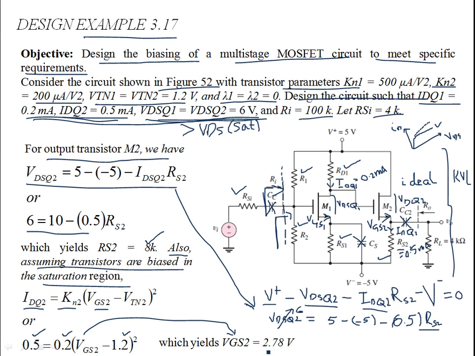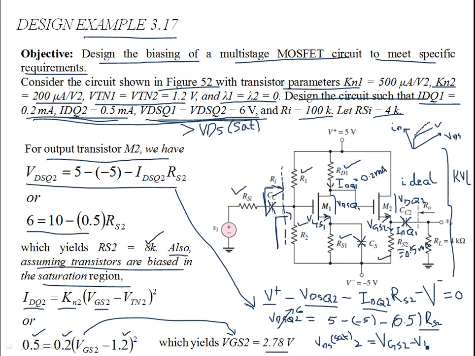This gives you VGS2 as 2.78 volts. Now, as a quick check, if M2 is in the saturation region, VDS sat for the second MOSFET, the transition point, is given by VGS2 minus VTN2.